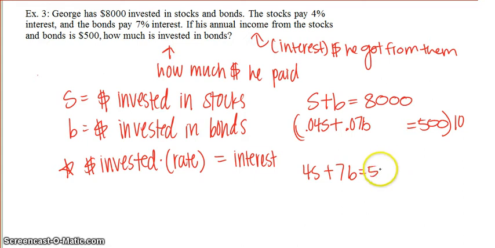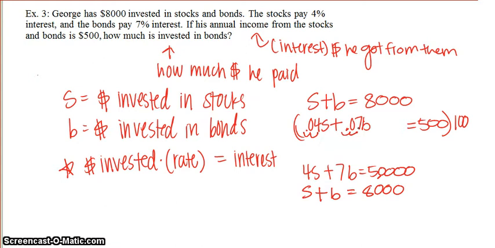It is going to be 5,000. There we go. Okay? And I still have S plus B equals 8,000. Okay? So, oh wait, I realized why. I had to multiply by 100. So we do have 50,000 because the 100 would do 1, 2 over 1, 2.